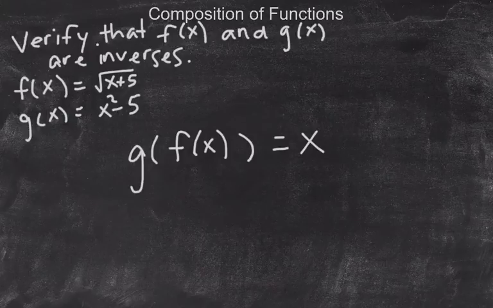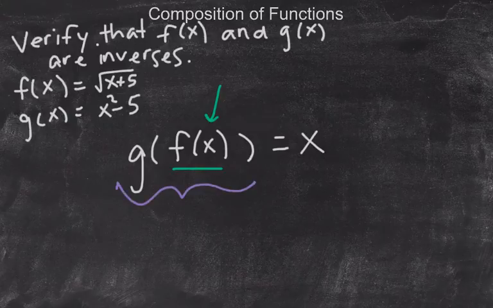So this notation looks pretty complicated, but what it's saying is take the f function and input x, and then take the g function and input f of x. And you should get back out your original input, which is x.